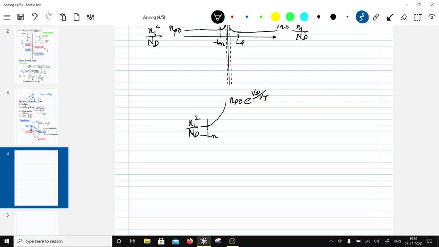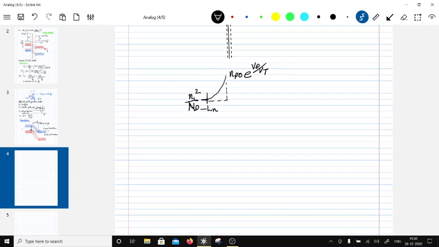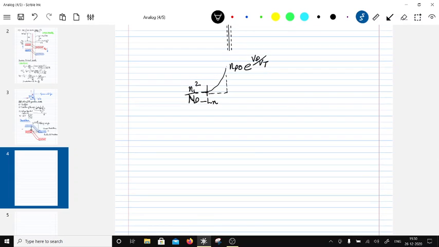Okay, so this is a Fermi-Dirac relationship, right? So let us find out the slope. Okay, so the current is proportional to this slope of minority carriers, right?